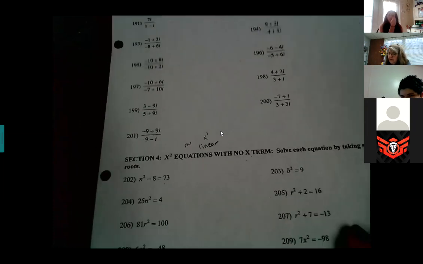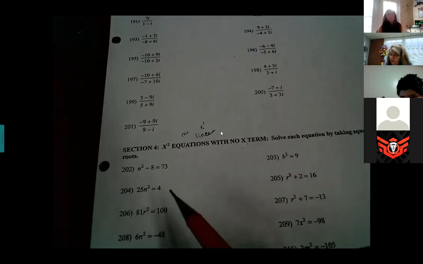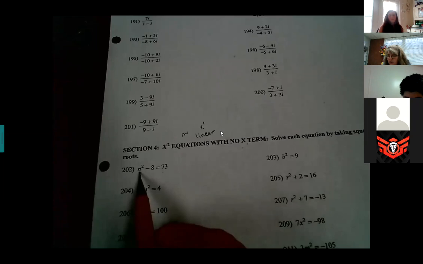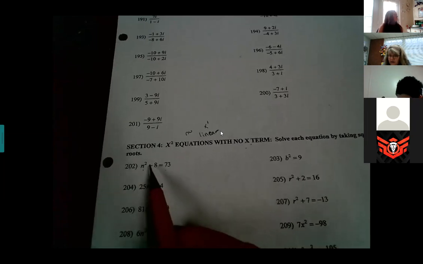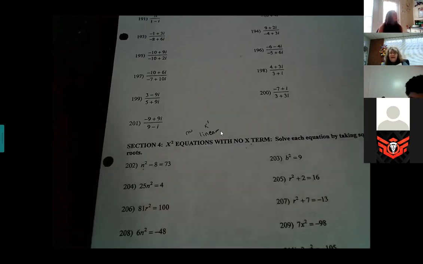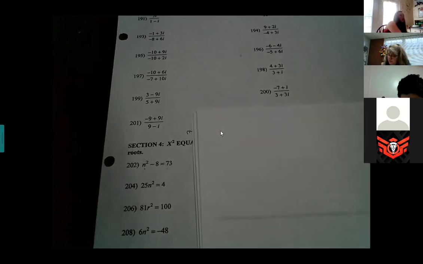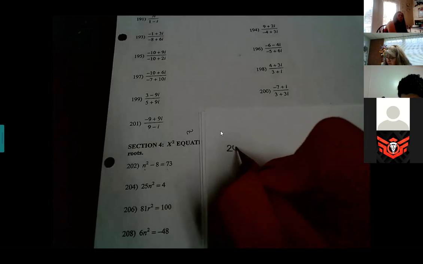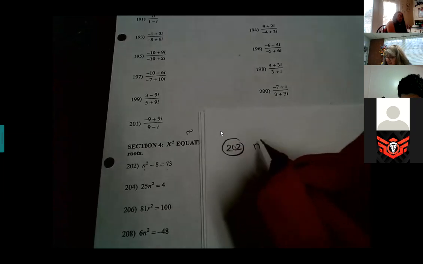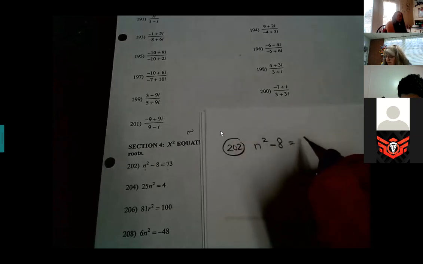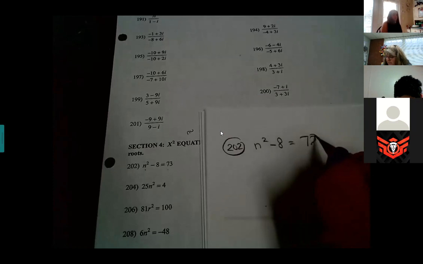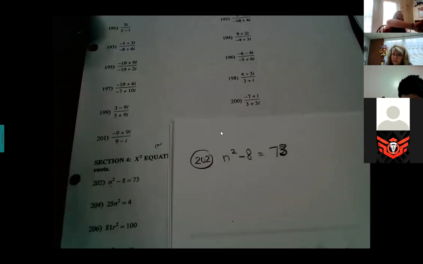Chloe said it a minute ago, if you heard her: if it doesn't have a linear term, you can get the n squared by itself. Okay, so let's work 202. If it doesn't have a linear term, you can get the n squared by itself.